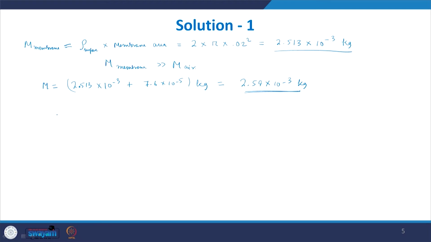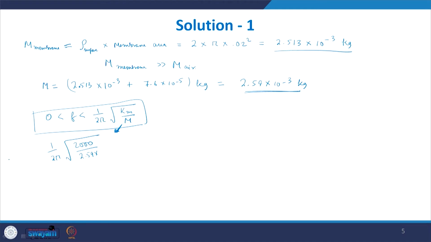Let us now find the value for the frequency. The frequency range that we have to find is between this and this. So, 1 upon 2 pi times the square root of 2000 divided by 2.59.